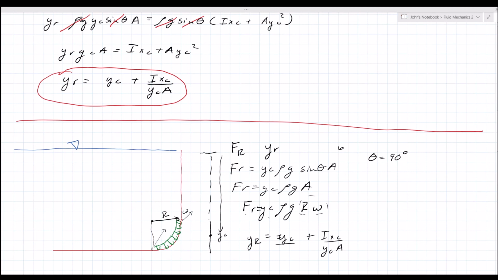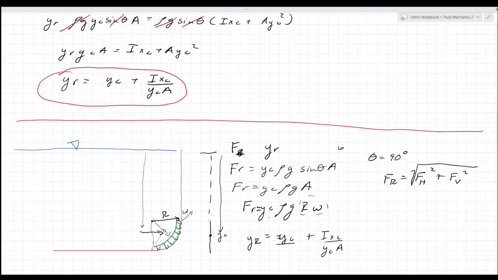Therefore, I know my I... actually, I made a mistake. This is not the hydrostatic force. Notice I have a force horizontal going on, and I have a force vertical going down. So the hydrostatic force is actually the square root of the horizontal component plus the vertical component, each squared. I'm finding the resultant force of it. That's going to be the hydrostatic force.